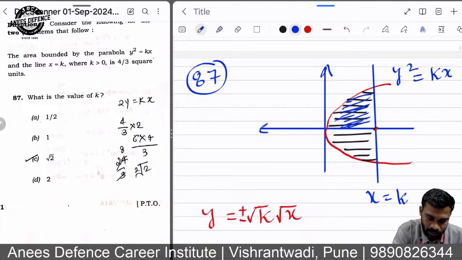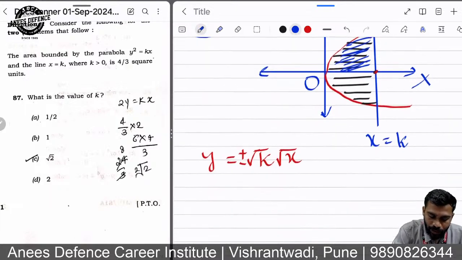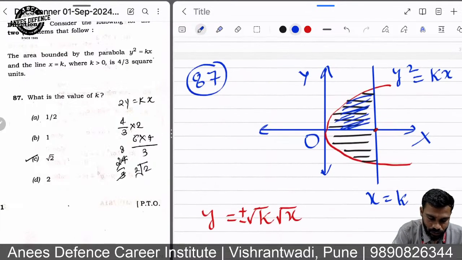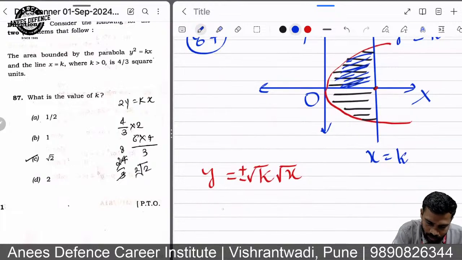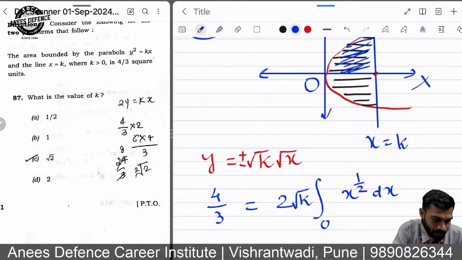This is the y-axis, x-axis, right? Now, we have to integrate this. So this will be 4 by 3 is equal to 2 times integration of, of course root k will come out, integration of root x from 0 to k.